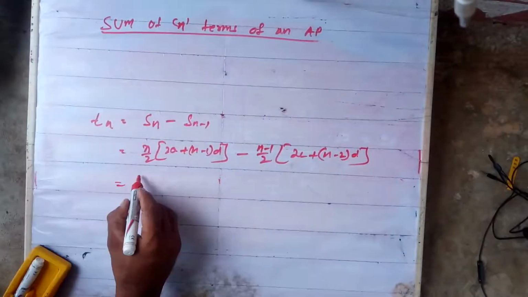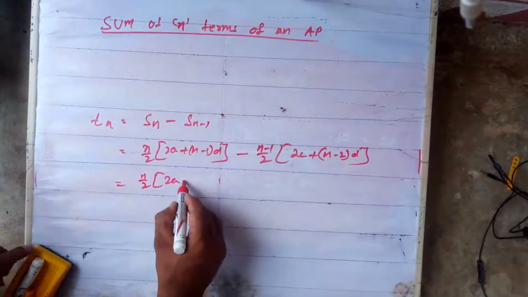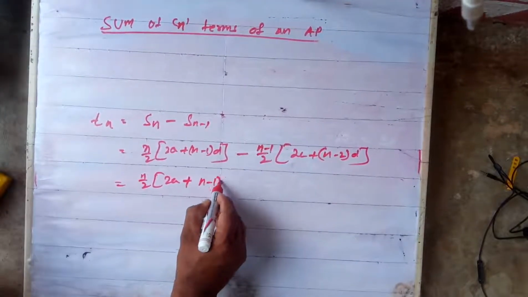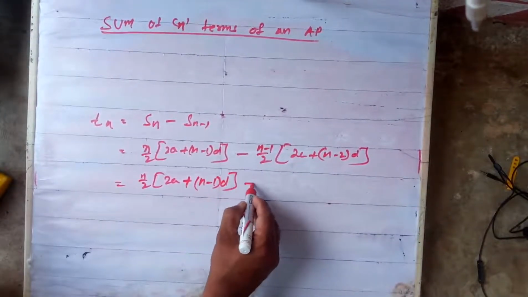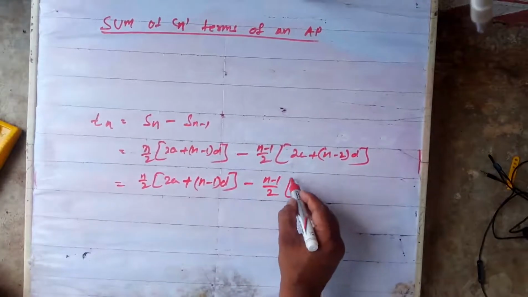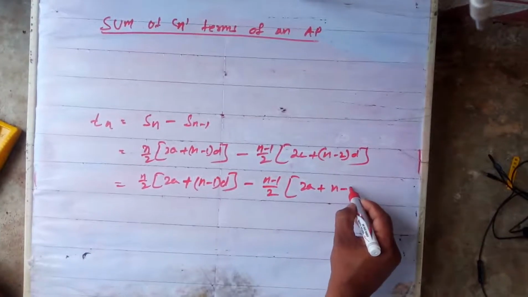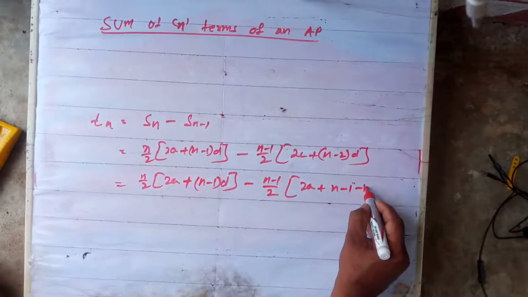Clear? So n by 2, 2a plus n minus 1 d as usual, minus n minus 1 by 2 into 2a plus n minus 1 into d.